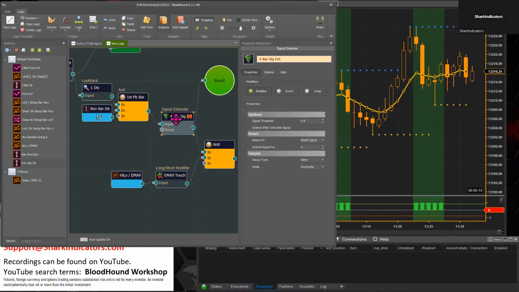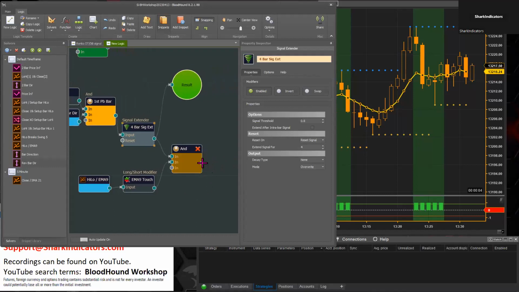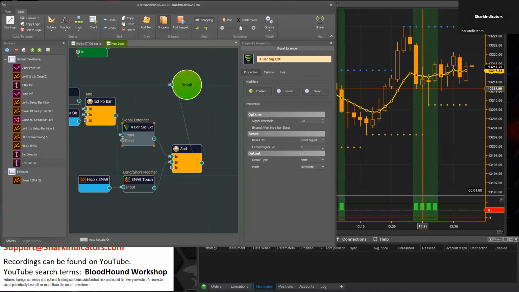Right. So remember, this is our pullback bar. And combine that with the 9 EMA touch. And if you look at this, right? So there. So now we have the signals after the 9 EMA touch.